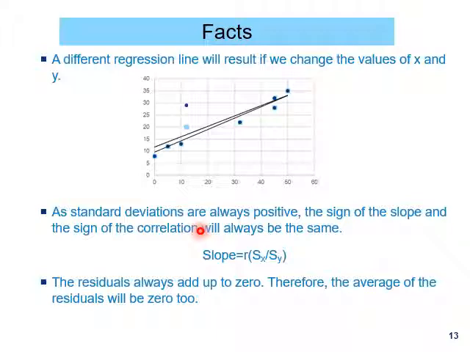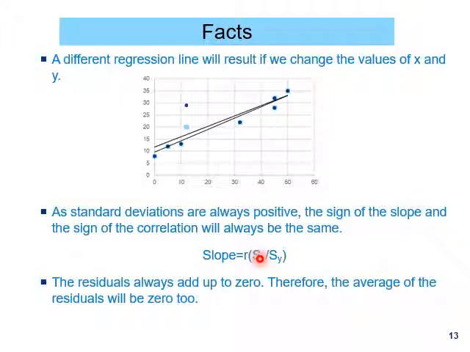As standard deviations are always positive, the sign of the slope and the sign of the correlation will always be the same. Slope's other formula is equal to r, that is correlation, times sx divided by sy. Sx is the standard deviation of x and sy is the standard deviation of y. Standard deviations are always positive because we square and then take the square root.